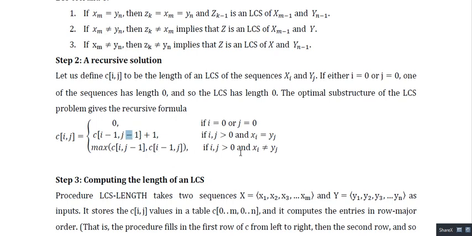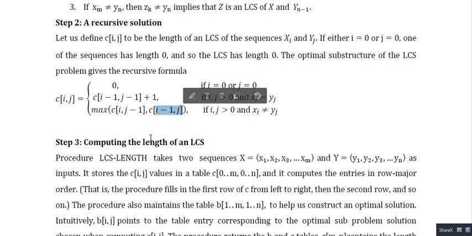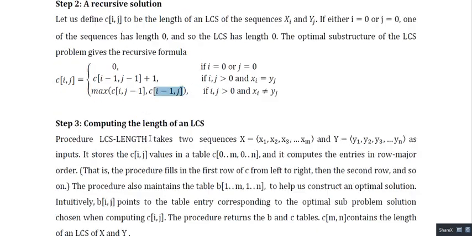And the third case is when xi is not equal to yj. Okay, so in that case, the maximum of these two cases happens, right? Here we are taking the character of the second sequence Y, and here we are taking the character of the first sequence X. Okay, right?